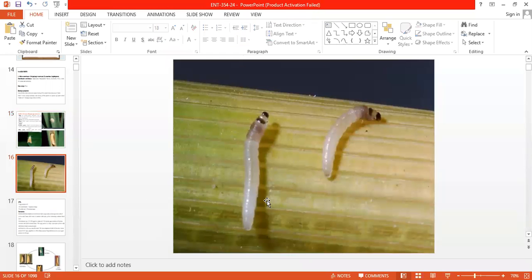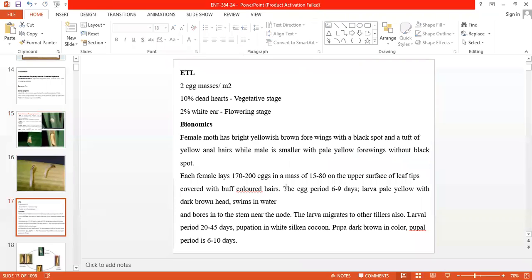So this one is the larval stage, mainly pale yellowish in color with a dark brown head. Then the ETL, the economic threshold level of that pest, is 2 egg masses observed per square meter area. At that time we should initiate control measures, or when 10% dead heart symptoms are found at the vegetative stage, or 2% white ear symptoms at the flowering stage.